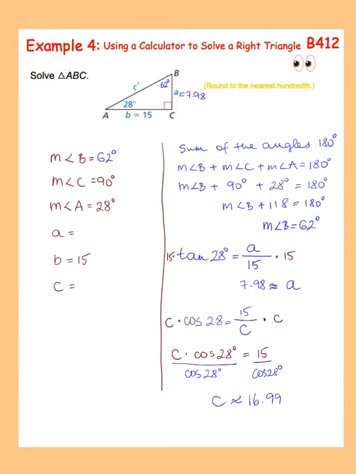So now I have the length for C, which is 16.99. I can write these two numbers in my answer column on the left hand side. So my A is 7.98 and my C is 16.99 when I round to the nearest hundredths place.